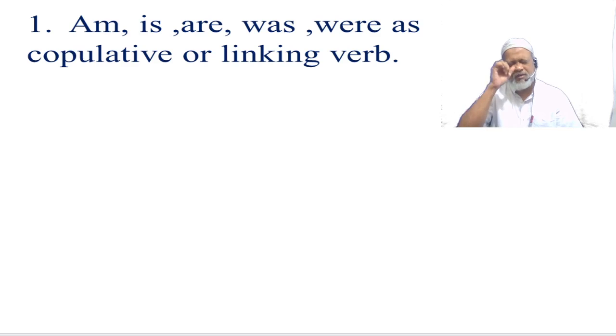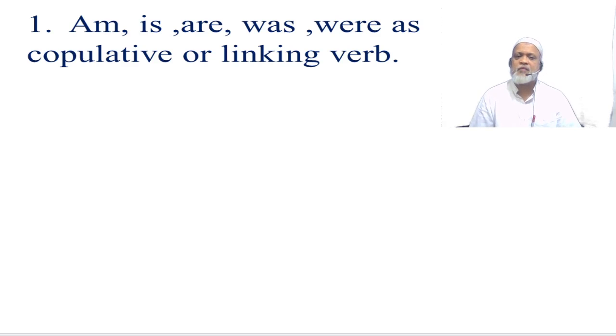In the first situation, am, is, are, was, were as copulative or linking verbs. Here you should understand what copulative or linking verbs are. A copulative or linking verb is a verb which is only used to make a link between subject and complement. I am a teacher.